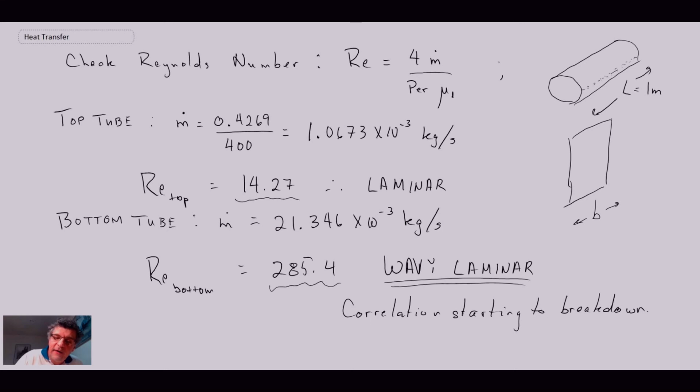So by the second tube in this vertical tube bundle, we're starting to transition into the wavy laminar regime. Remember, turbulent would be at 1800, so we're a ways away from turbulent, but we are in the wavy laminar regime.